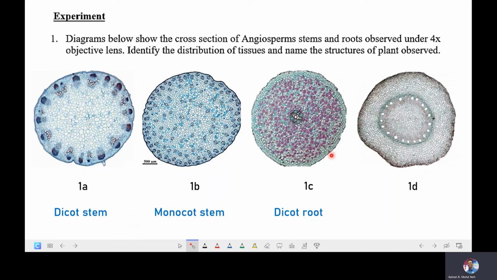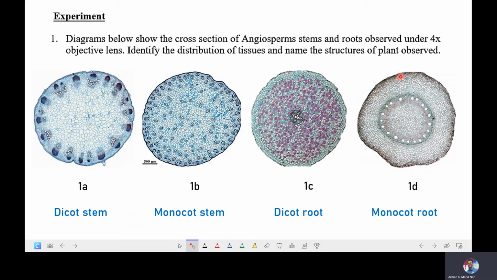Meanwhile, this diagram 1D will be showing the monocot root, in which the vascular bundles, the xylem and the phloem, will be arranged in a ring or in a circular pattern.